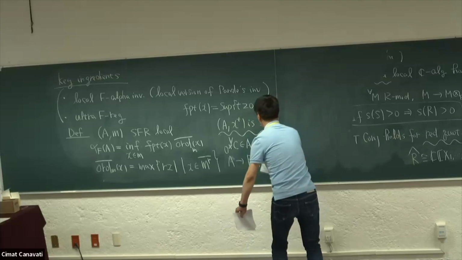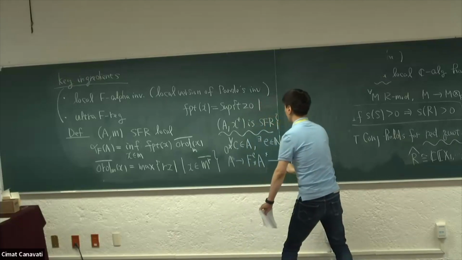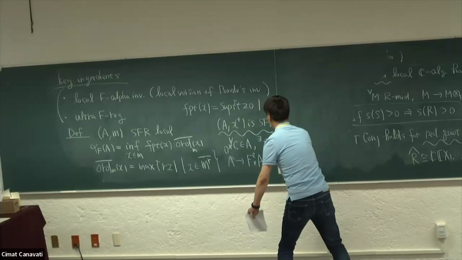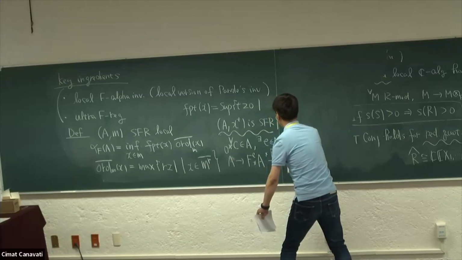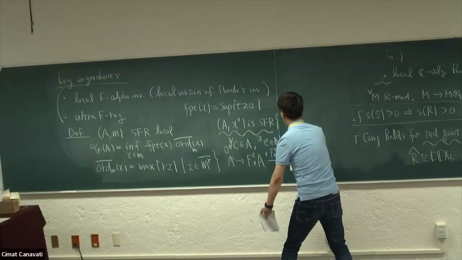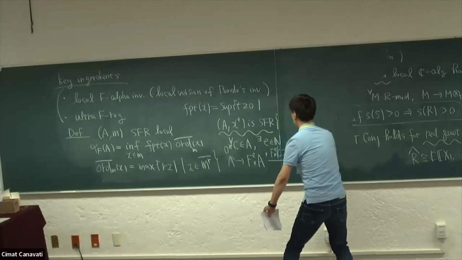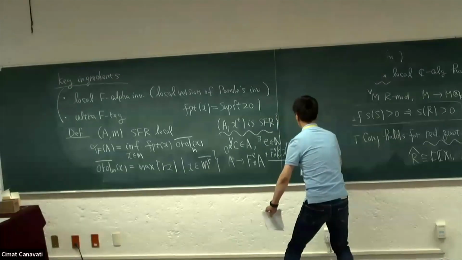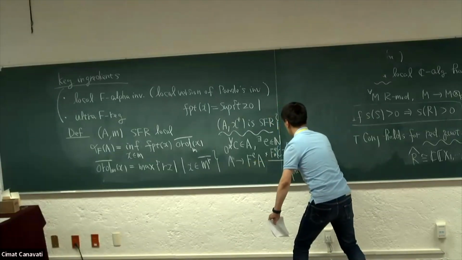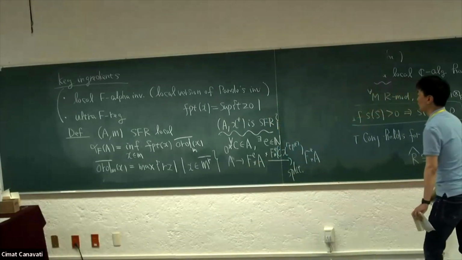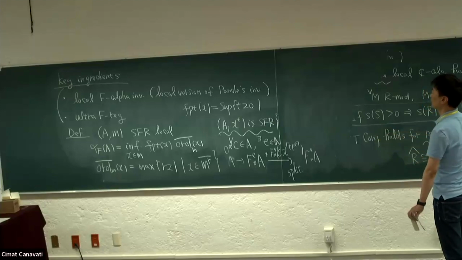After that, I consider multiplication by c times x to the round up of t times e to d. Yeah, it's a bit complicated, but this composition map splits. This is the definition of strong F-regularity for pairs.